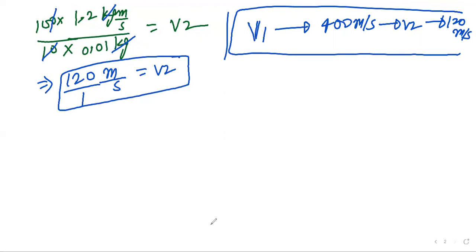Now see the next sum, the 10th one. Two rotating bodies A and B of mass m and 2m with moment of inertia IA and IB have equal kinetic energy.